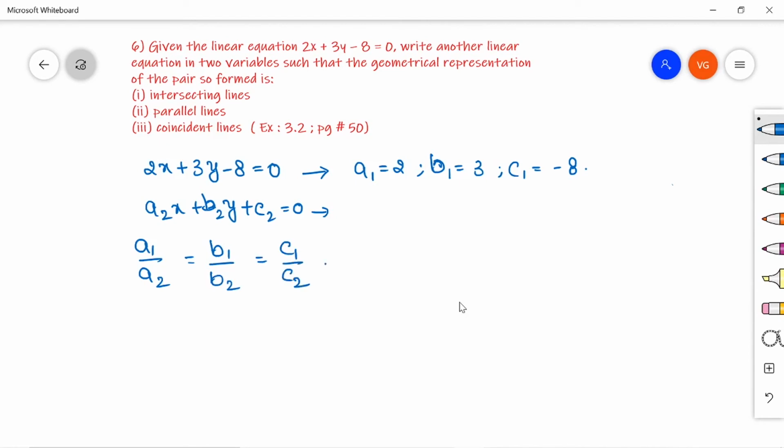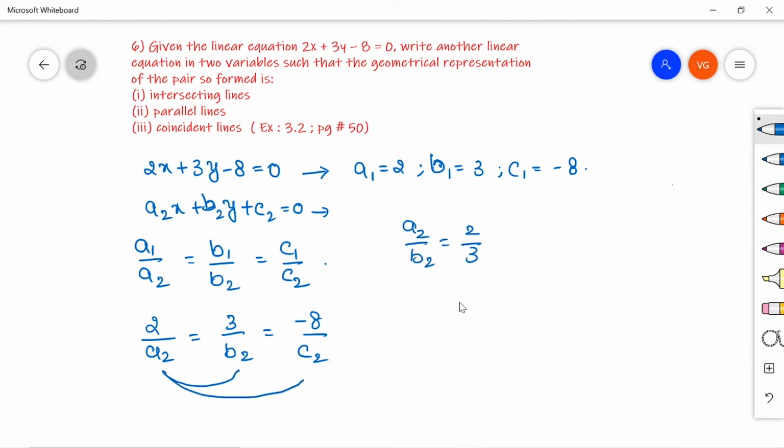So let us write it as 2 by a2 is equal to 3 by b2, that is equal to minus 8 by c2. From the first two, the condition will be a2 by b2 is equal to 2 by 3. And from the first and third, a2 by c2 is equal to 2 by minus 8.